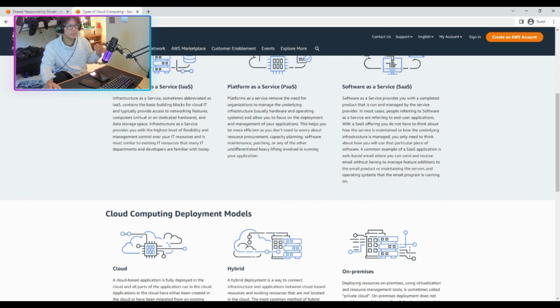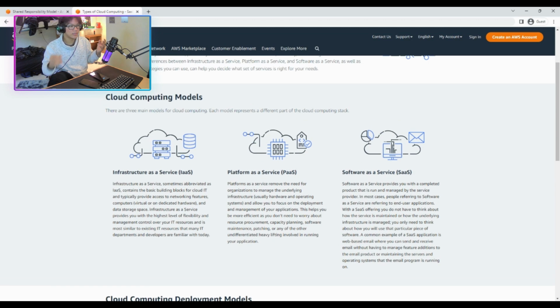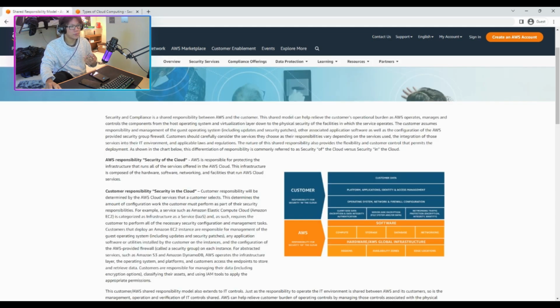Now, we did talk about this before, but essentially, these are the three different types, and as you go from infrastructure to software, you as a customer are utilizing less and less manual work and more automated work, which leads into this very important topic about serverless applications. But that's more into the future.